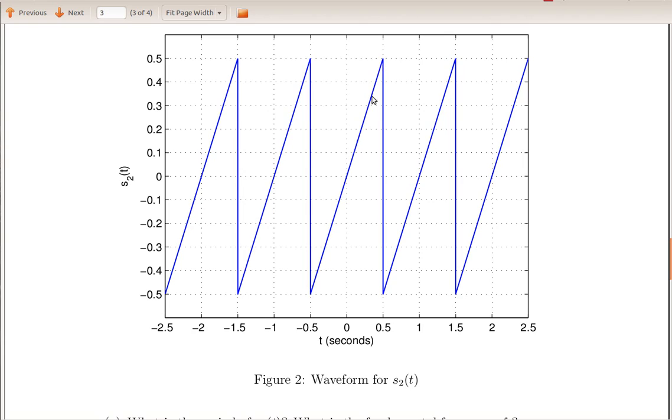I could have equivalently gone from 0 to 1, except in this case I would have to do the integral over two parts, 0 to 0.5 and then 0.5 to 1. I could have done that also. You'll get the same answer. But today I'm going to go from -0.5 to 0.5.